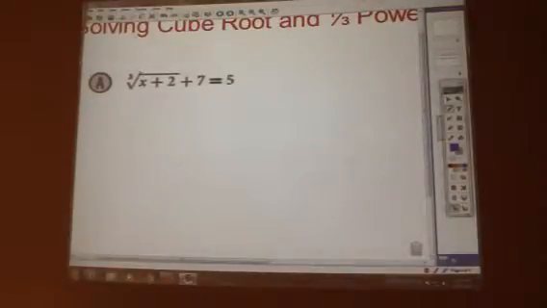Alright, this one right here is a radical instead of a rational exponent. It has a radical in it, but we're going to treat it the same way. So we want to isolate the x. So the first thing we're going to do is subtract 7 on both sides.